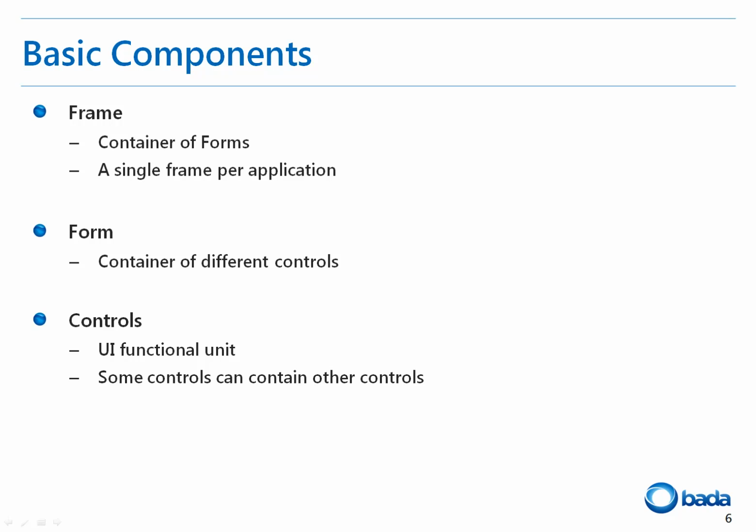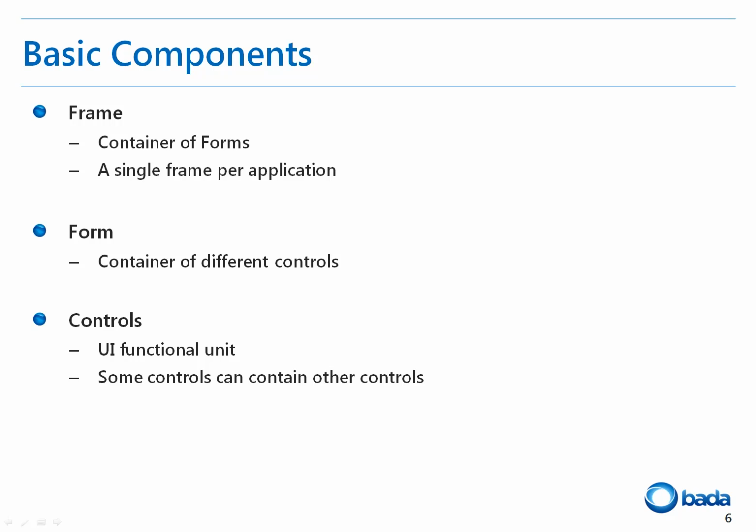The core components of a bada UI are the frame, form, and controls that refer to other UI components. The frame is the root parent of all UI controls that are created by an application. The frame is automatically created by the bada platform when an application is initialized.